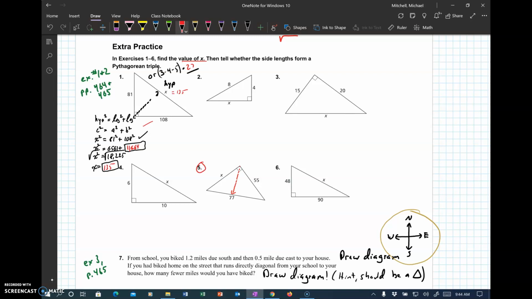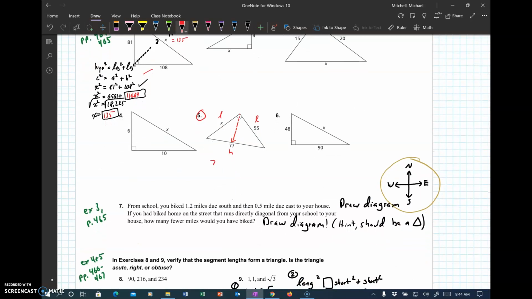So, number 5. X isn't always the hypotenuse. Set it up. Okay. So again, this is my hypotenuse, leg, leg. So I'm going to have 77 squared equals x squared plus 55 squared.